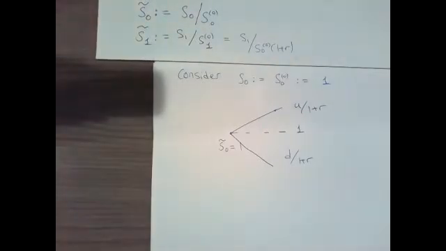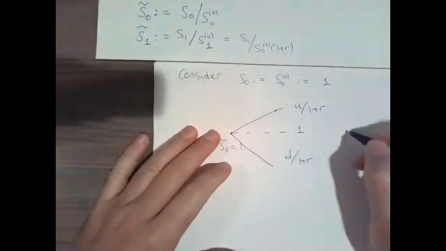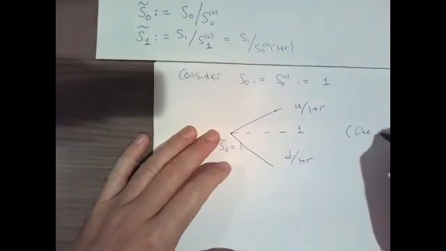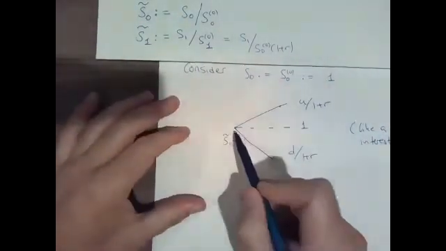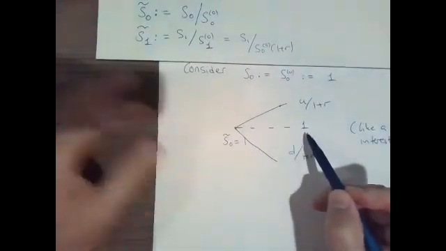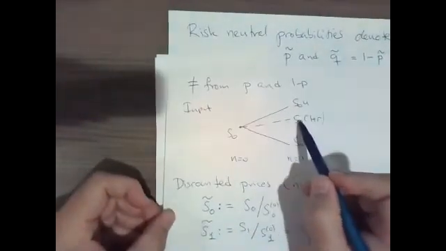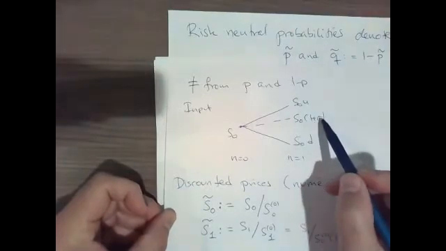So I took the picture we had and I just divided through with 1 plus r everywhere. Okay, so now you can see this here is like a zero interest rate, because this is flat. When would this thing here be flat? This would be flat exactly when r is equal to 0.